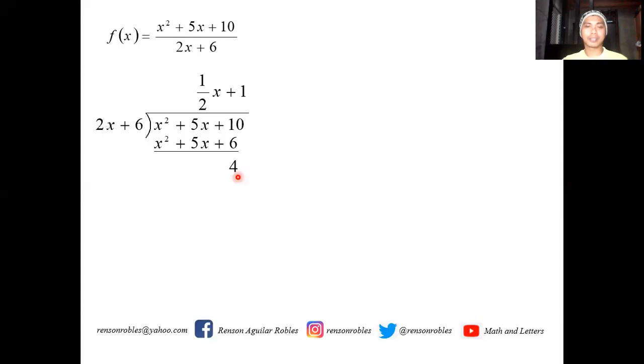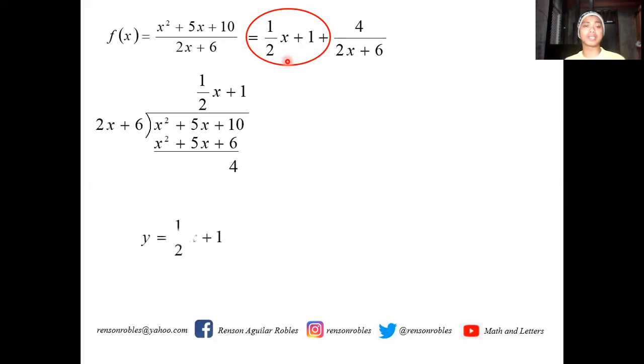So we now have f of x written as 1/2 x plus 1 plus 4 all over 2x plus 6. And since this 1/2 x plus 1 is a line of the form y equals mx plus b, therefore the line y equals 1/2 x plus 1 is an oblique asymptote.